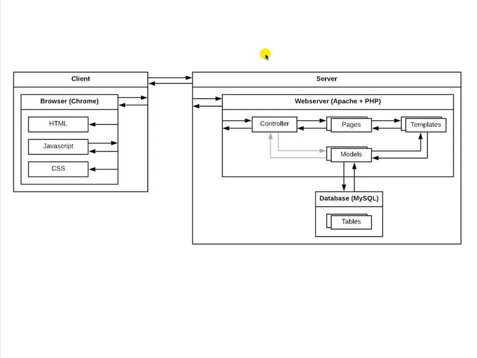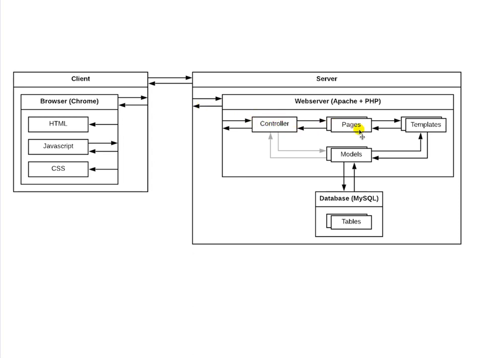So the idea with Model View Controller is to separate these things into separate files. So your database access only happens in certain files. Your pages are only in certain files, and your templates are in different files. So the way it works is the client makes a request to the server, and it will speak to a controller.